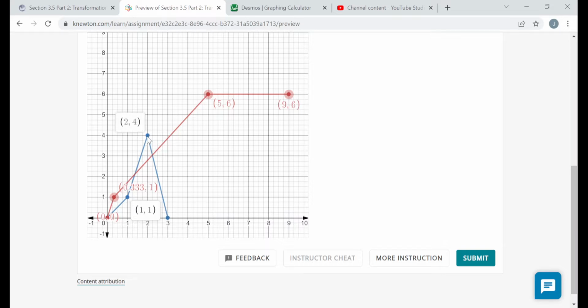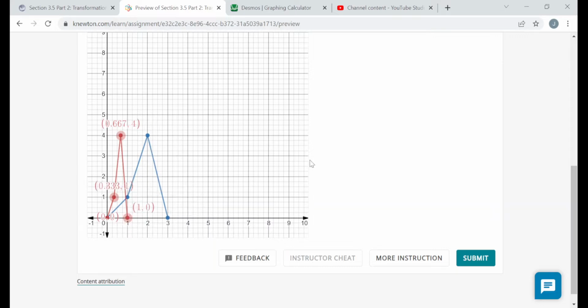And then this is at 2, 4. Multiply the x-coordinate by 1/3. That's going to go to 2/3, 4, or 0.667 there. Again, the distance from the red to the y-axis is 1/3 of the distance the blue is from the y-axis. And then 3, 0 is going to go to 1, 0.